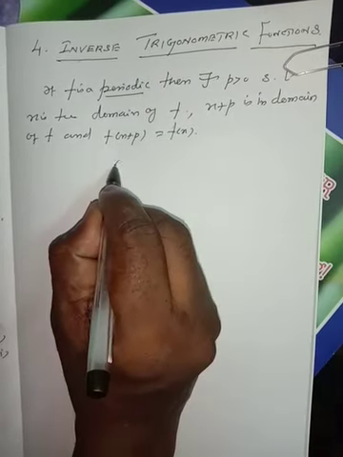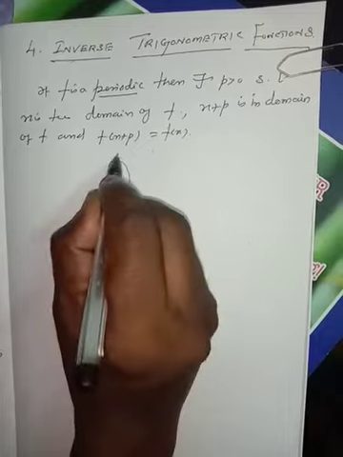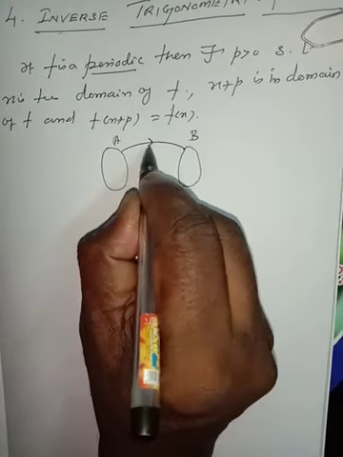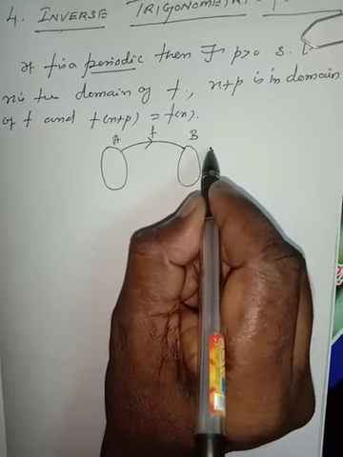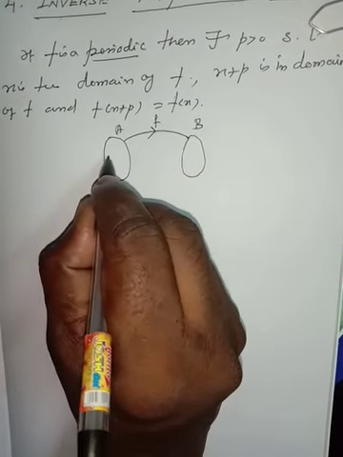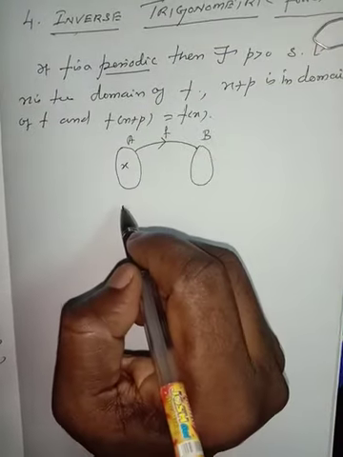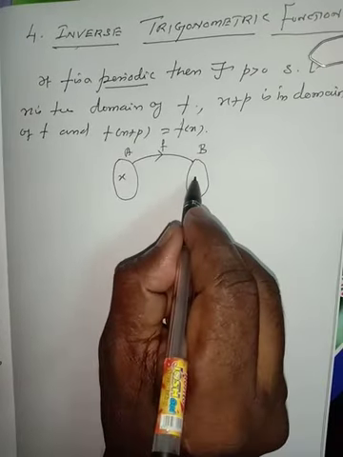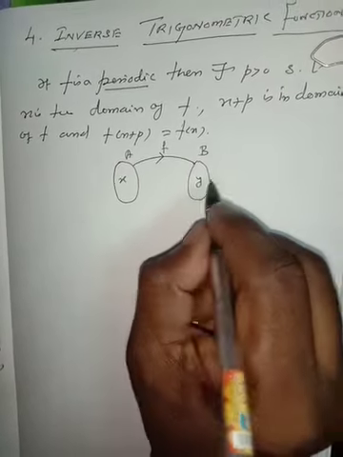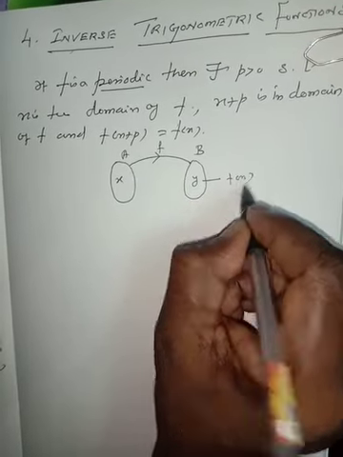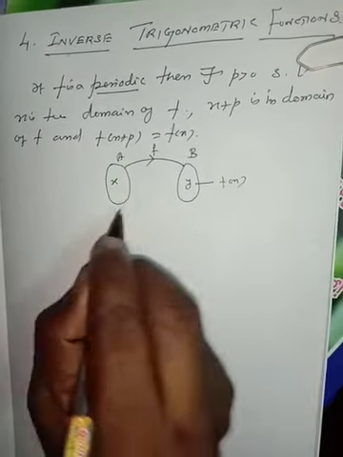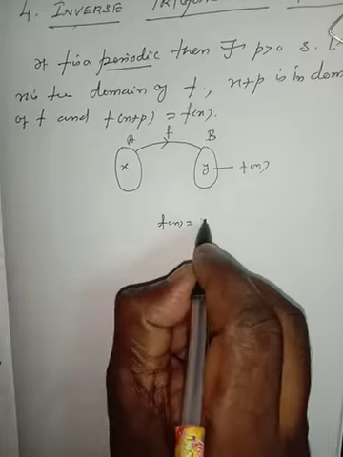You know that there are two sets A and B, and f is a function from A to B. If small x is an element of the set capital A, then the element y, which means f of x, is in the set B. Now f of x is equal to y.